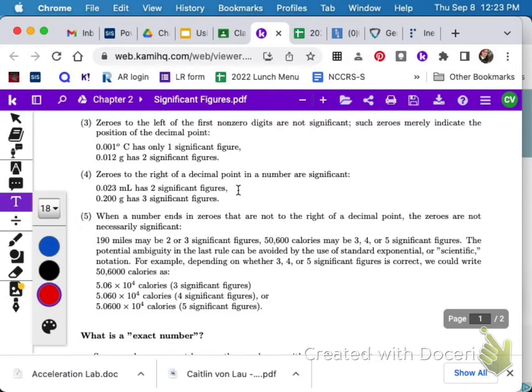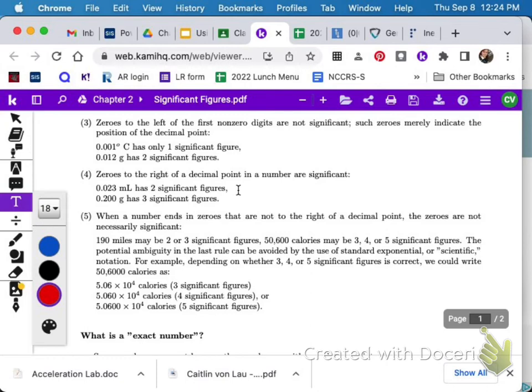So if it was 190 point, then you could say that that 0 is significant. Or you can put it in scientific notation, which is the preferred method and the method you will see me use a lot. So if they put 1.90 times 10 to the second, you would know that that 0 is significant, because if they included it after the decimal there in scientific notation, it's a significant figure.